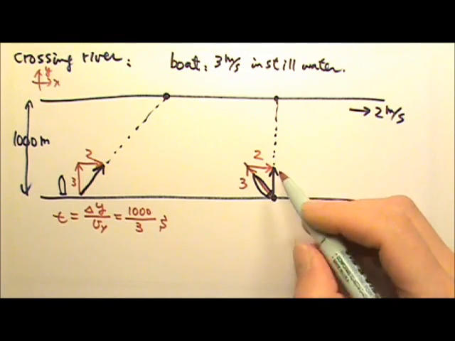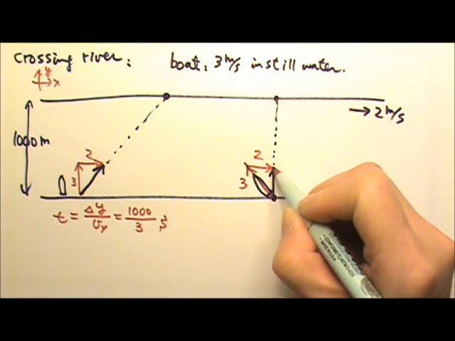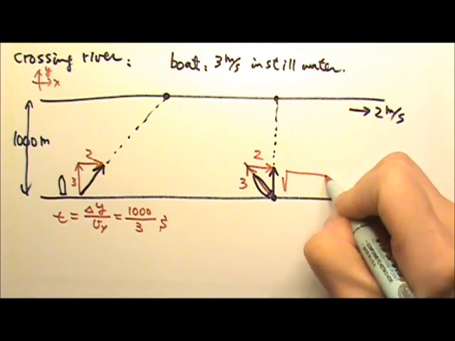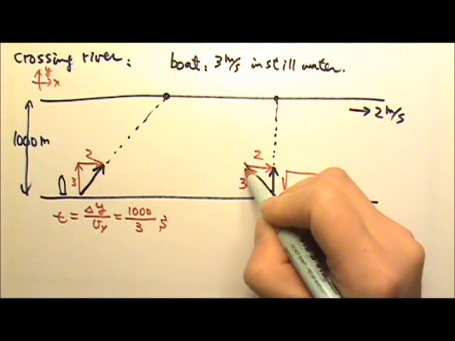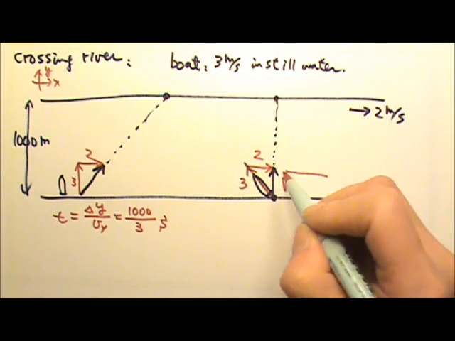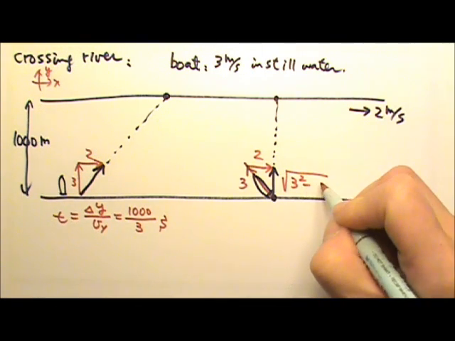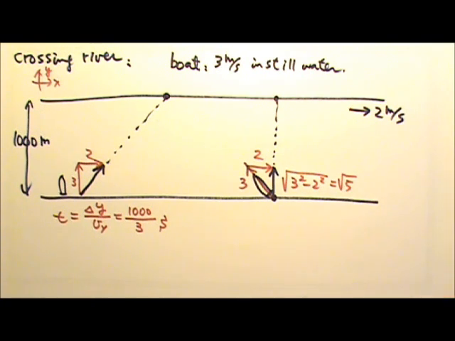And for this one, 3 and 2, if we need to find this y direction velocity, we'll have to use Pythagorean theorem. So this is like a squared equals c squared minus b squared, because 3 is the hypotenuse. So this one is 3 squared minus 2 squared. So this gives us a square root of 5.